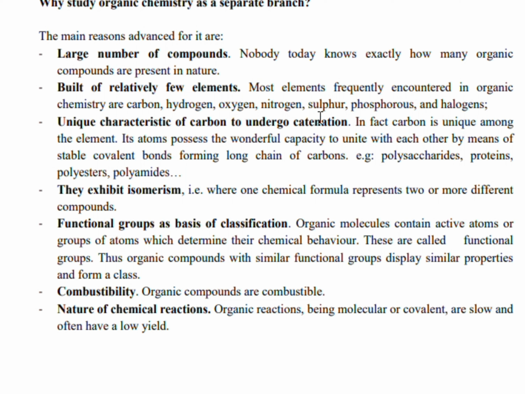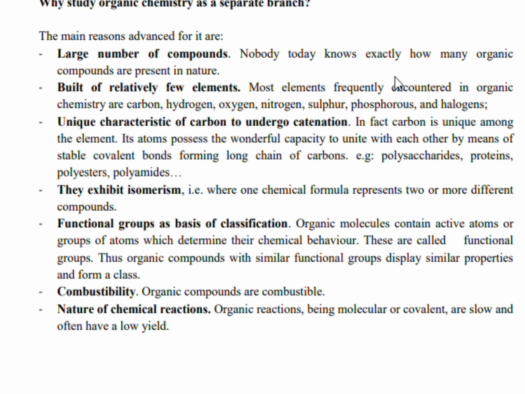Catenation is the property of carbon to make bonds where one carbon will be connected to another one. It is a unique character of the carbon atom, where one carbon may bond to another one and they form a chain.